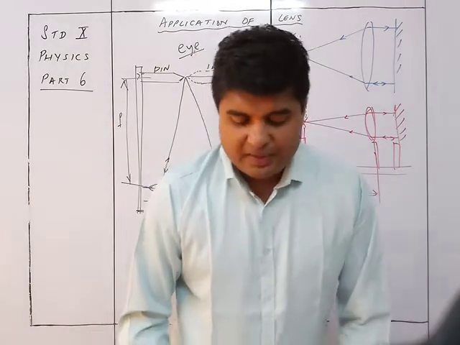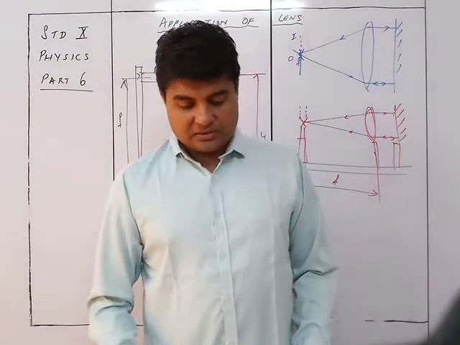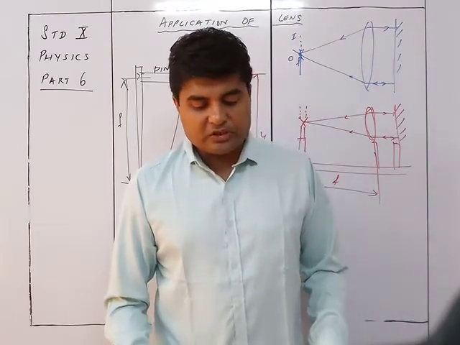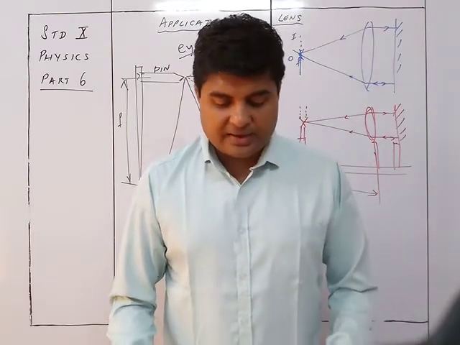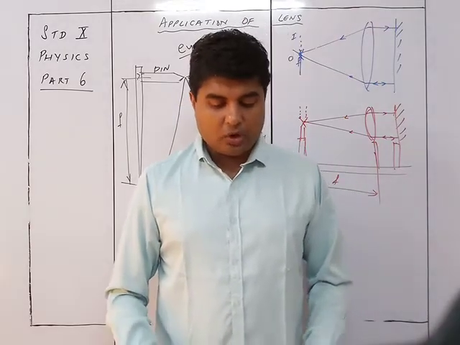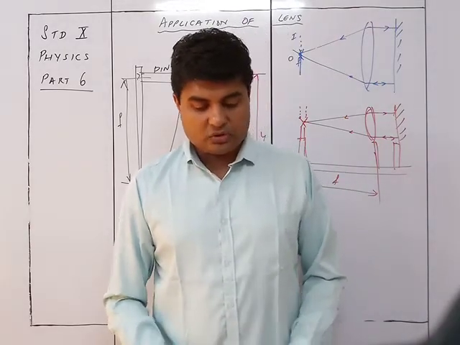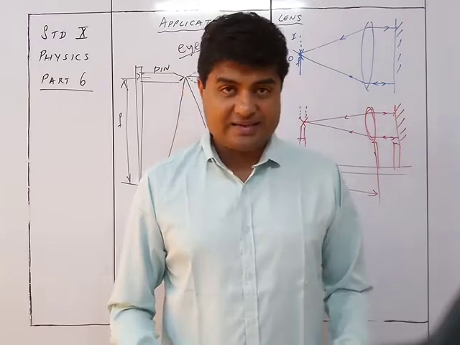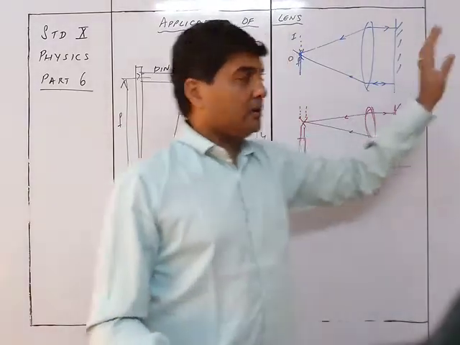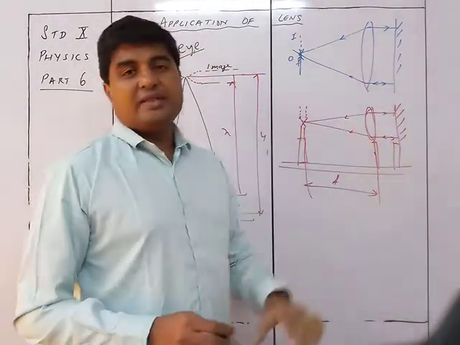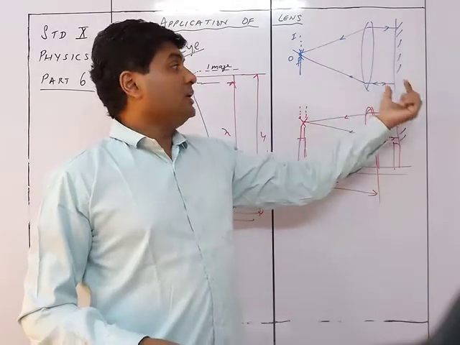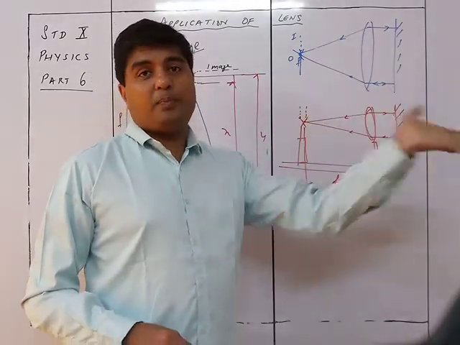Note the position of the plane mirror relative to the lens. The distance between the lens and mirror does not affect the position of the image as long as the rays from the lens fall normally on the plane mirror. However, the plane mirror M is kept close to the convex lens so that the image I can be distinctly seen. So here, even if I move this mirror far apart or bring it very close, there would not be any effect, because here it is just a parallel beam.